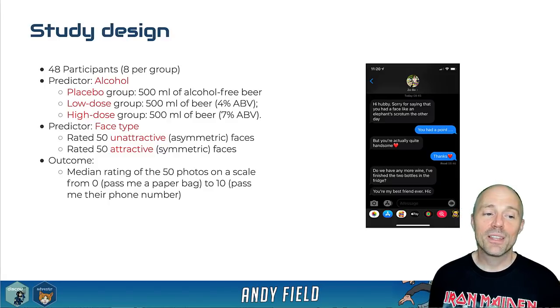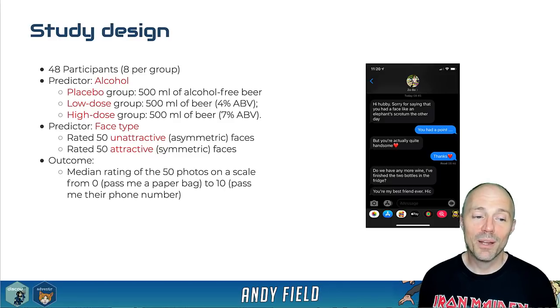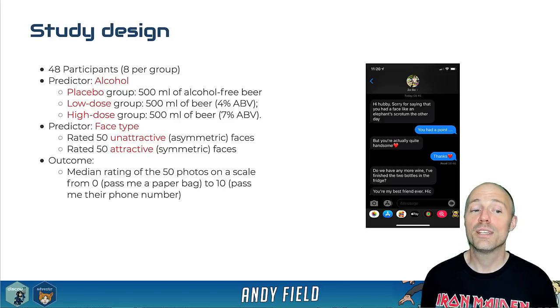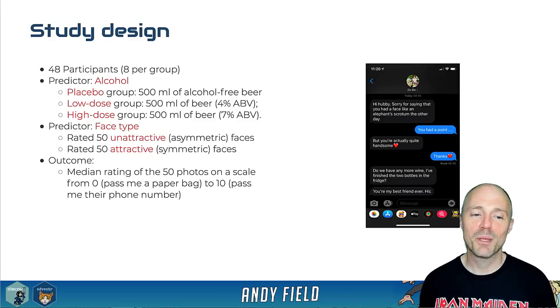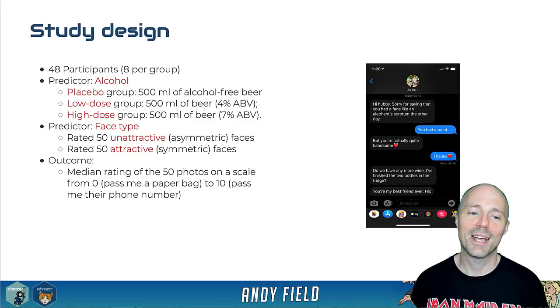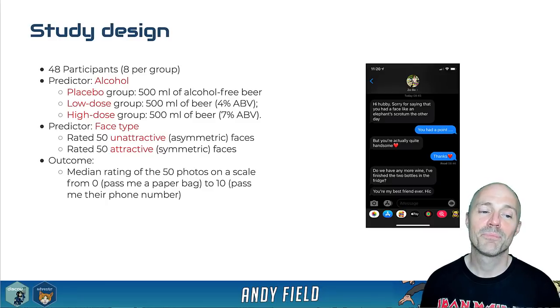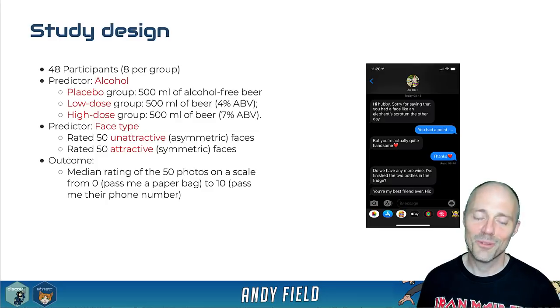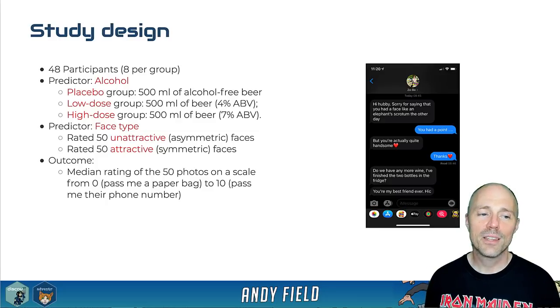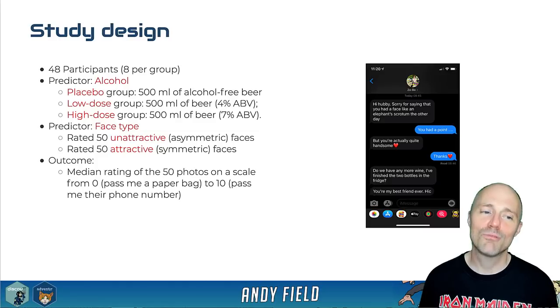And the outcome, so they rated these 50 pictures, and the outcome is simply their median rating of these 50 pictures. On a 10-point scale, they had to rate each picture, 0 is like pass me a paper bag, 10 is pass me their phone number. In case that's not clear, 10 is a good rating. 10 means you think the person is attractive. So they rate 50 faces, we take their median rating.